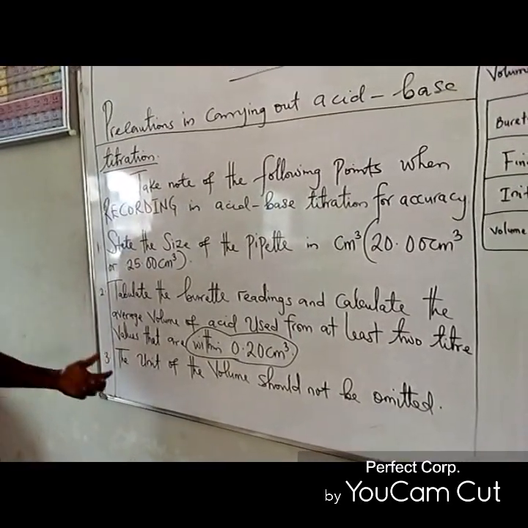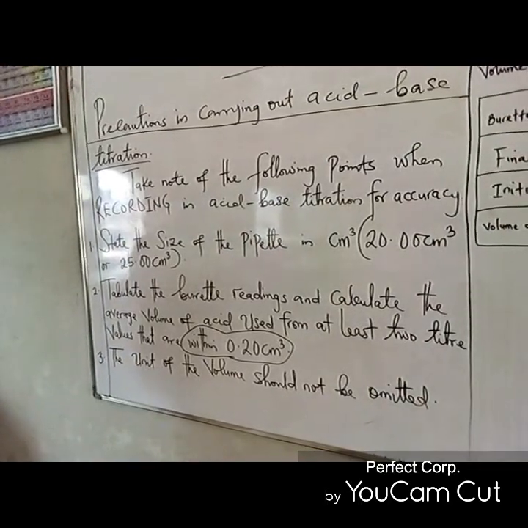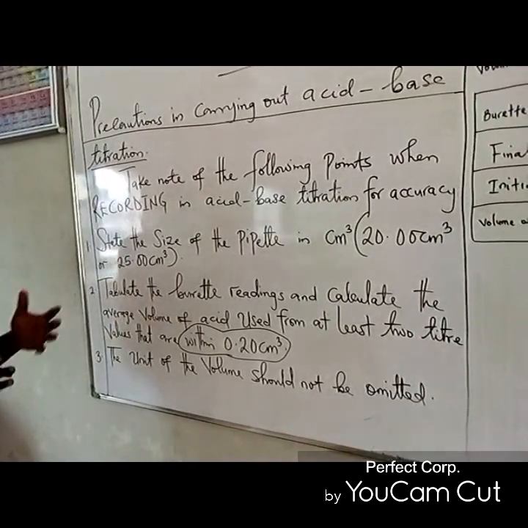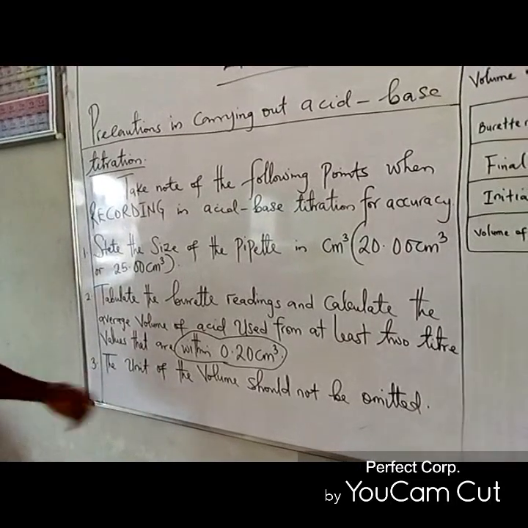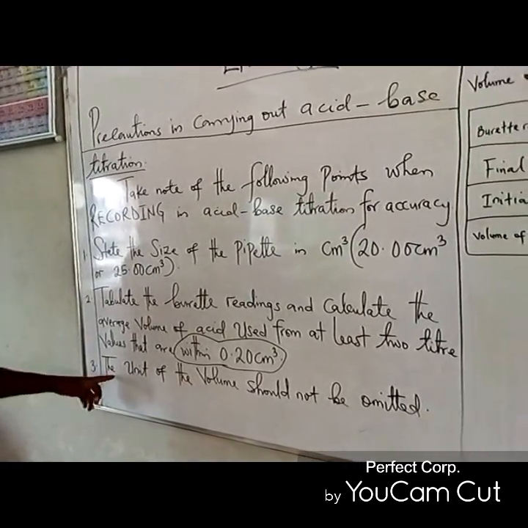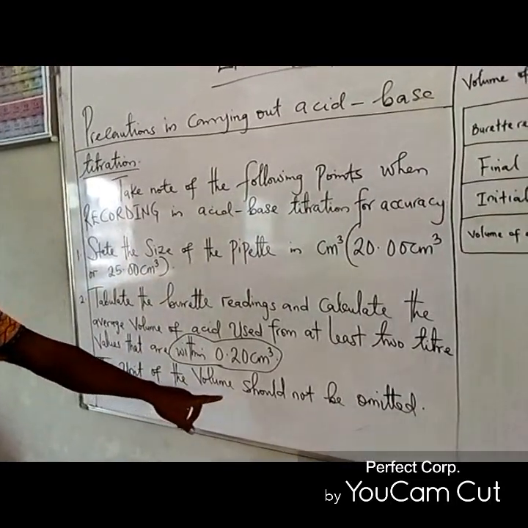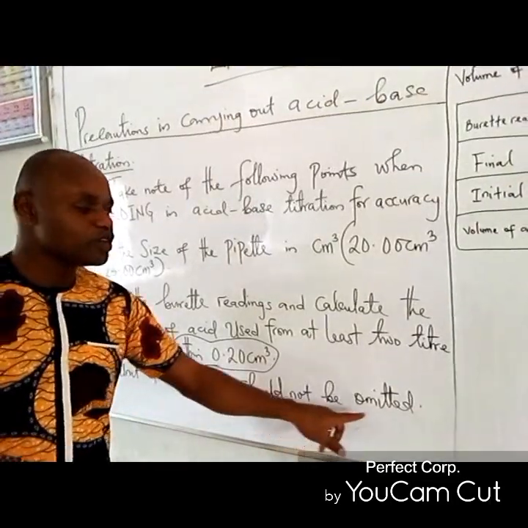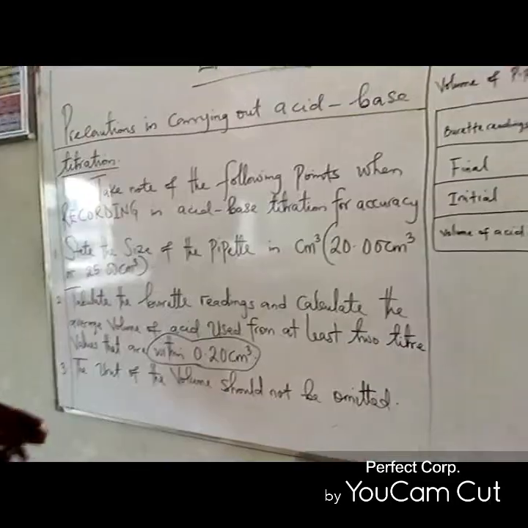Now let's proceed to the third precaution in carrying out acid-base titration. The third precaution that we have here is the unit of the volume should not be omitted. Please take note of that.